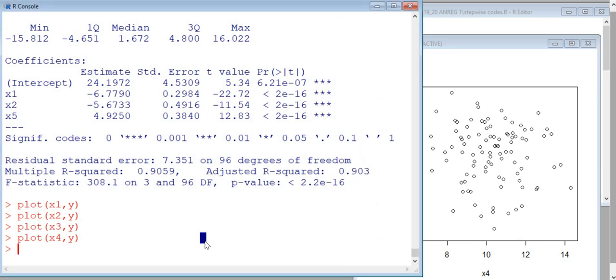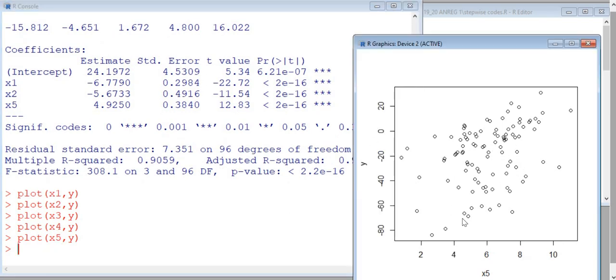So x4 should be excluded from the model. x5 looks good, it has a positive trend. So that visualization gives you the feeling of what you should be doing in defining or building your proper model.